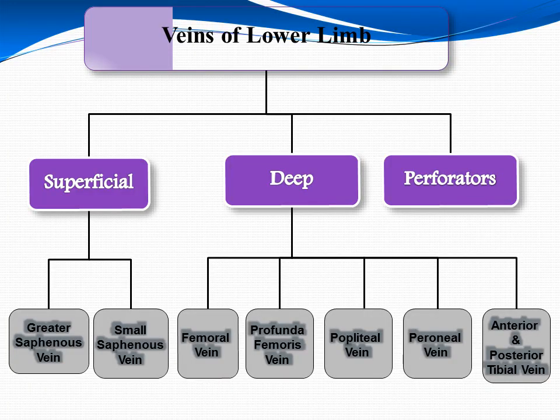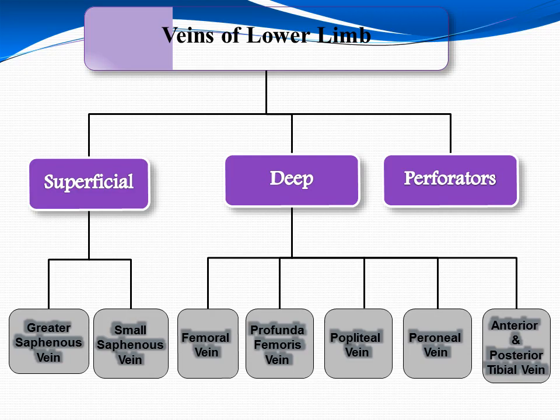Coming to the subject, veins of the lower limb have been classified into superficial, deep and perforator veins. The superficial veins lie in the superficial fascia.